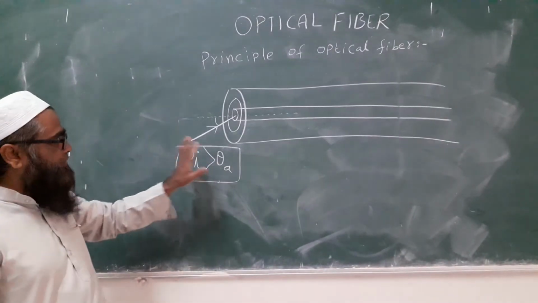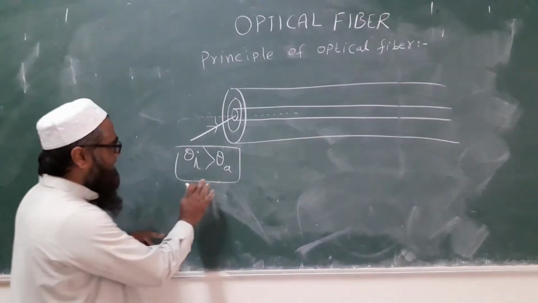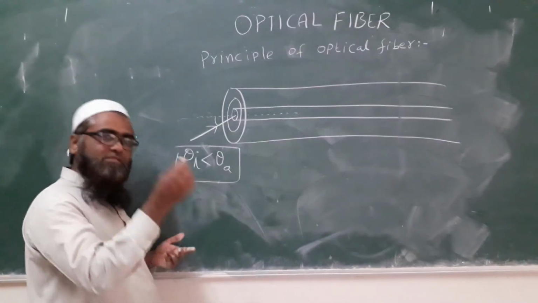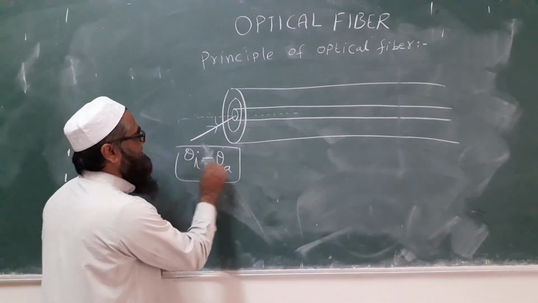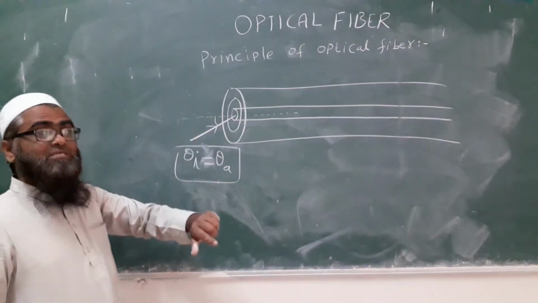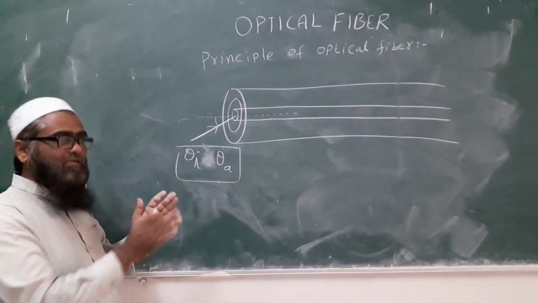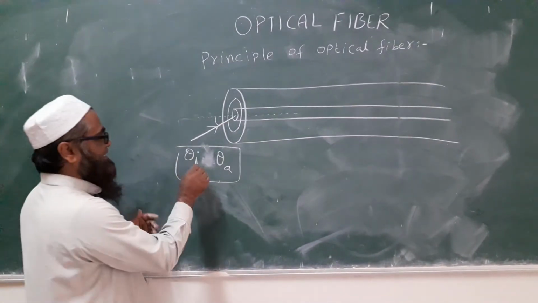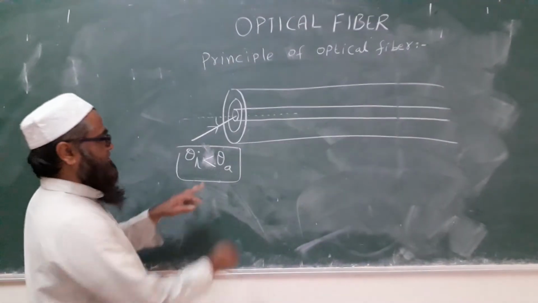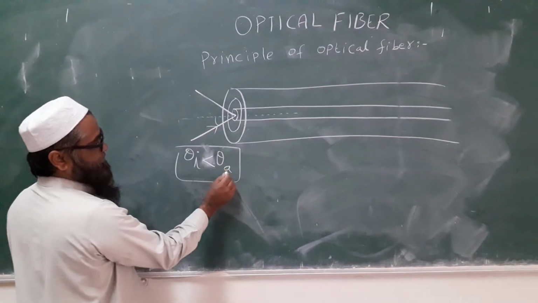But now you keep in mind, if it is more than the acceptance angle, or you can have another case less than the acceptance angle, and a third case equal to the acceptance angle. These are related to what we have just discussed, but we are in the safe zone. We think that light propagates, so theta I should be less than the acceptance angle. You should make one angle based on this.